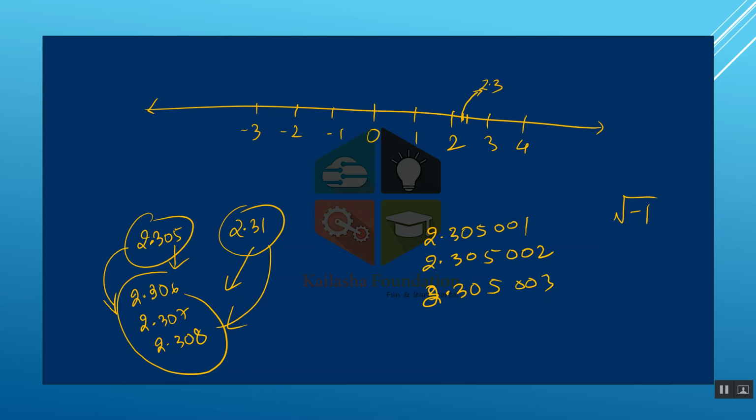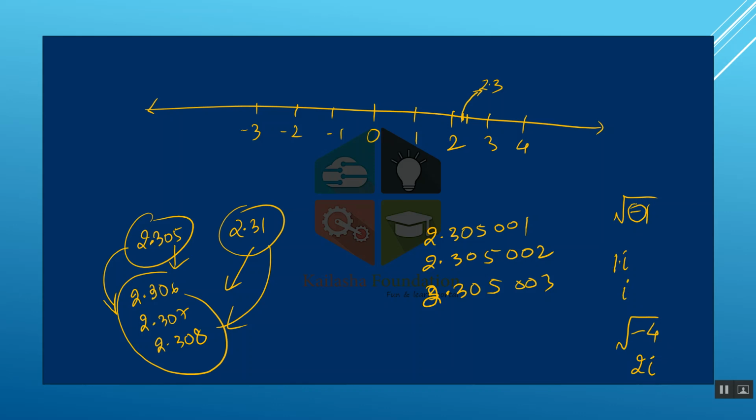A number with a negative sign cannot have a real square root. So for the minus part, we put an i here, and the remaining is root 1. Root 1 is 1, so 1 into i, that is i. For example, minus 4, so root 4 is 2, and for the minus part we put an i, so 2i. It is actually called iota.